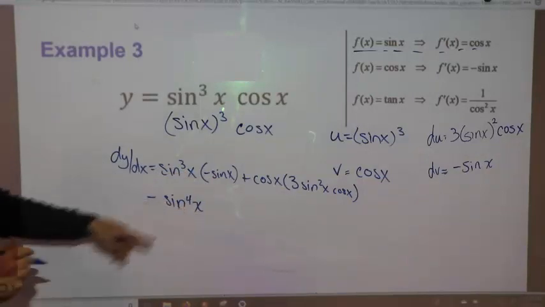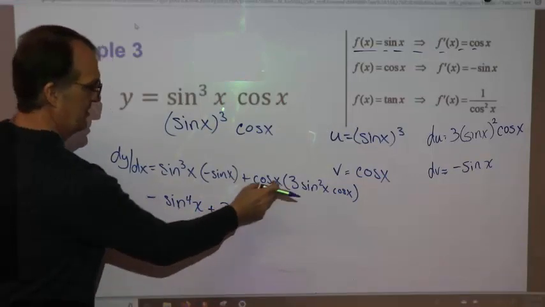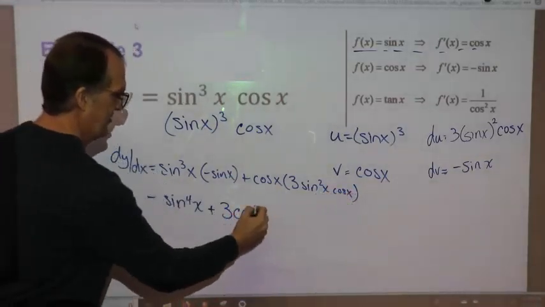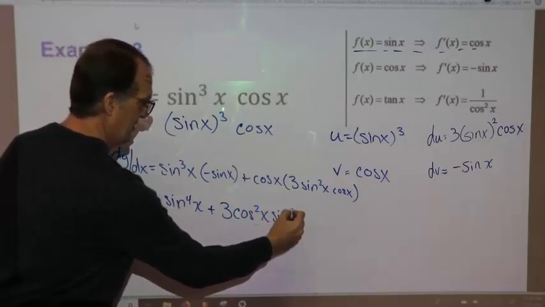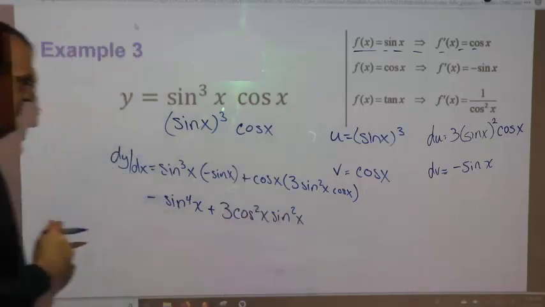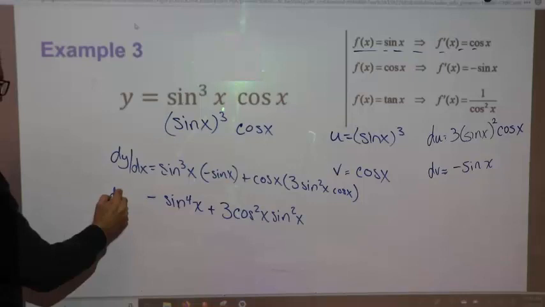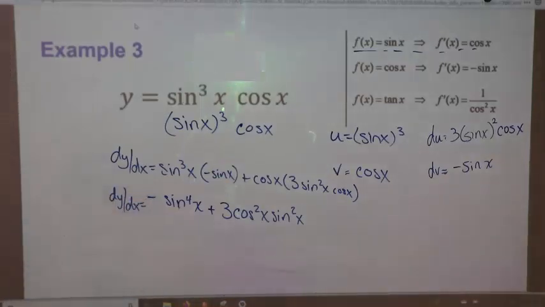Sine to the 4th power plus 3 cosine x times cosine x. We can say that cosine x squared sine squared x. So in this case, there is some simplifying that can be done.